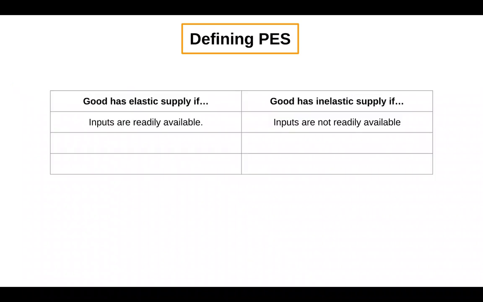In terms of determining whether a good has elastic or inelastic supply, one way to do that is by looking at certain characteristics surrounding the production of the good or service. The first one is the availability of inputs. The more readily available inputs are, the more elastic the supply, because you can easily switch those resources from producing one good or service to another.